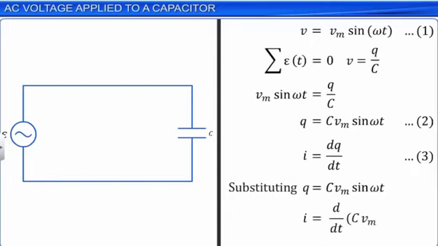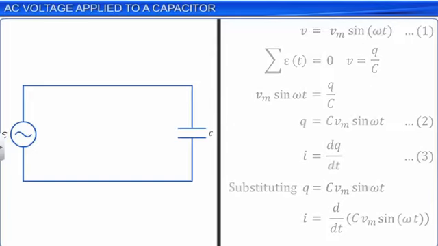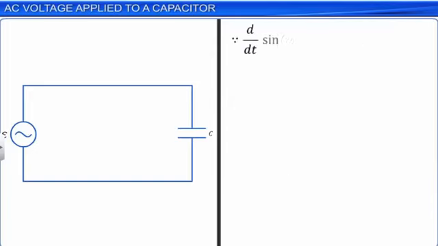As C and Vm are constants, and as d/dt of sin ωt is equal to ω cos ωt, we have i = ω Vm C cos ωt. Let this be equation 4.